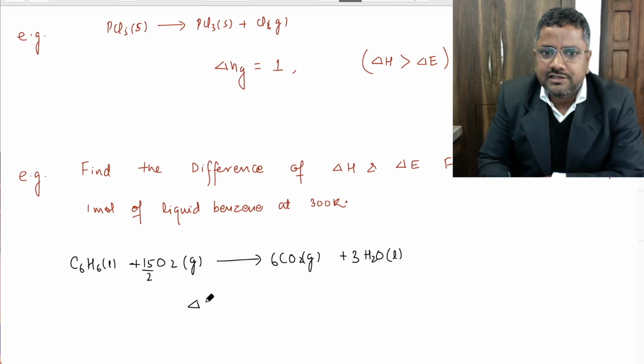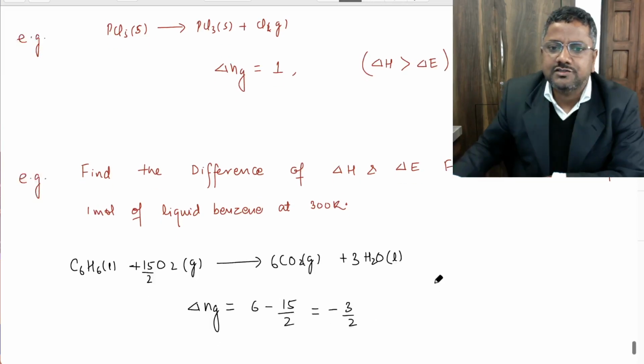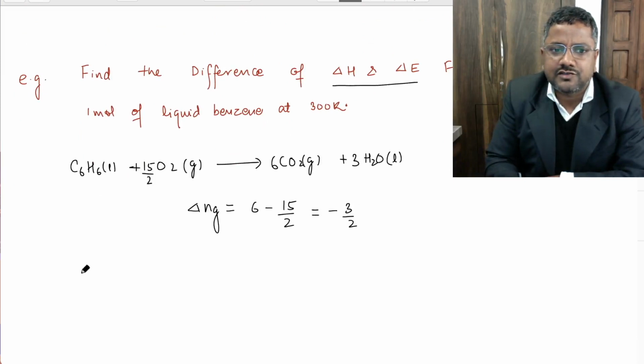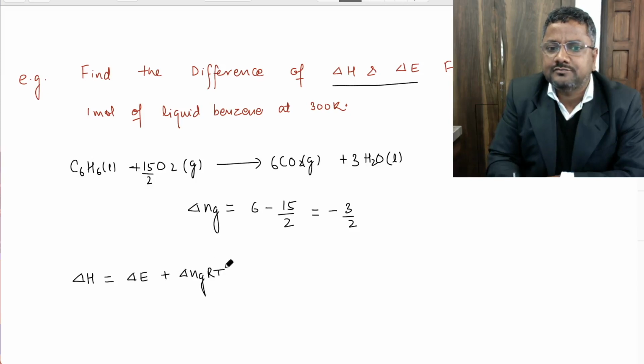So delta Ng is equal to 6 gaseous moles minus 15 by 2. So this is minus 3 by 2, right? So what is the difference of delta H and delta E for this reaction? Delta H is equal to delta E plus delta Ng RT. So delta H minus delta E is equal to minus 3 by 2 RT, right?